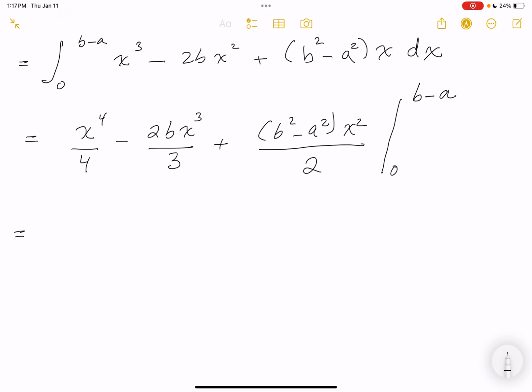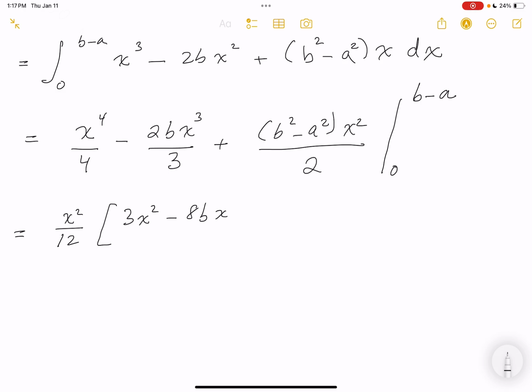Let's write this down. Before I do that, I'm going to factor out a common denominator, which would be 12. And I'm going to factor out an x squared. All right. You're going to get 3x squared, because x squared over 12 times 3x squared is going to be x to the 4th over 4, minus, well, you're going to get an x, you're going to get a b, and you're going to get an 8.